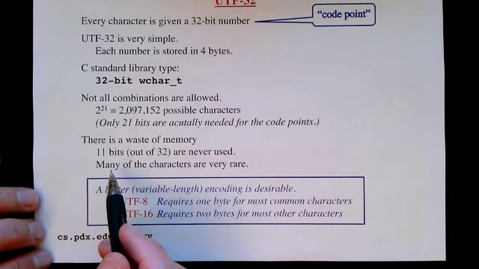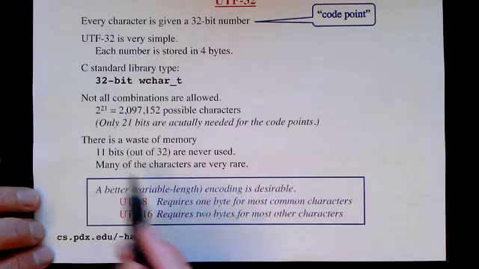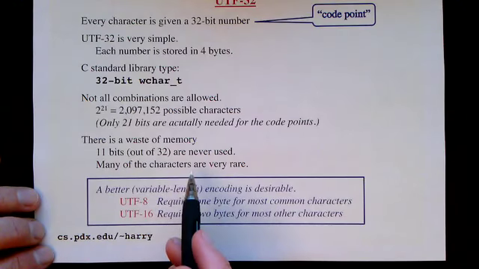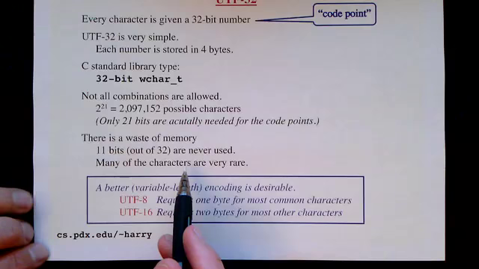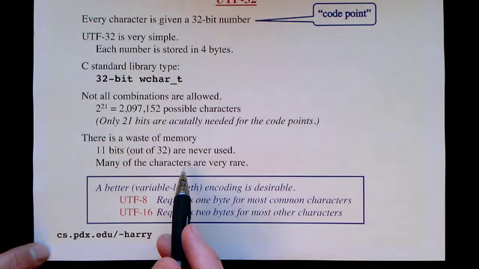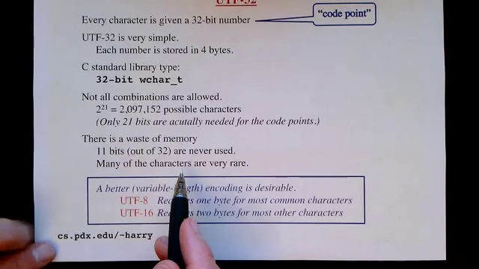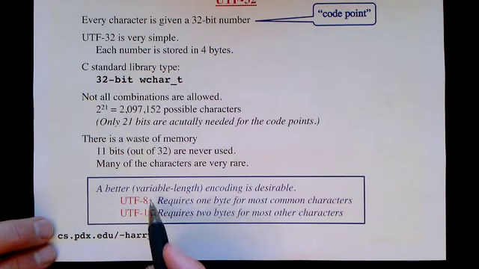Okay, many of the characters are very rare. So we might have a more optimal encoding that encodes more common characters with fewer bytes and less common characters with more bytes. And so that motivates us to look at UTF-8 and UTF-16 encodings.